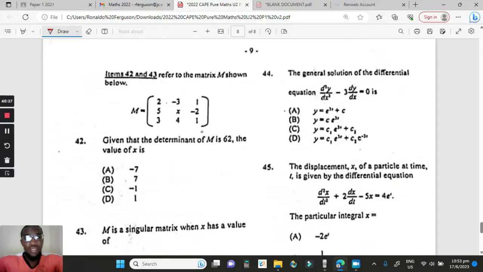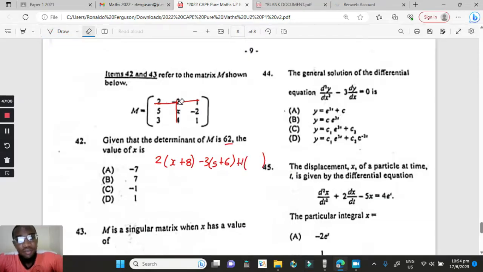This one now, what's the value of x, and the determinant is 62. Set up the determinant equation: 2 times, crossing the row and column with 2 in it, that's x plus 8. Then minus 3 times, crossing the row and column with minus 3 in it, so that is 5 plus 6. Then crossing the row and the column with 1 in it, the final one is 5 minus 3x, equals 62.